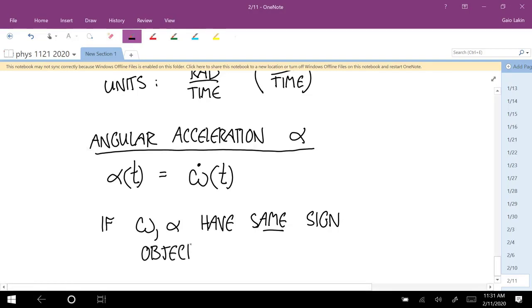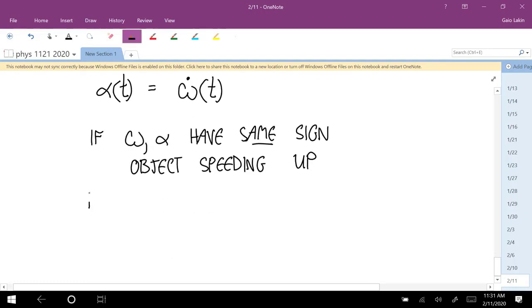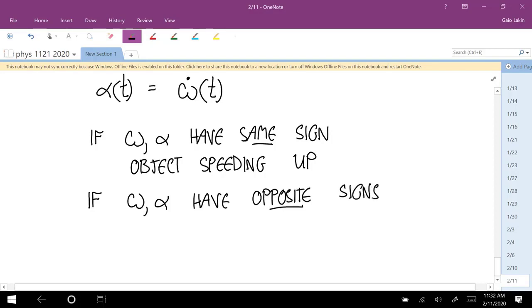In that case, the object is speeding up. And if omega and alpha have opposite signs, then the object is slowing down.